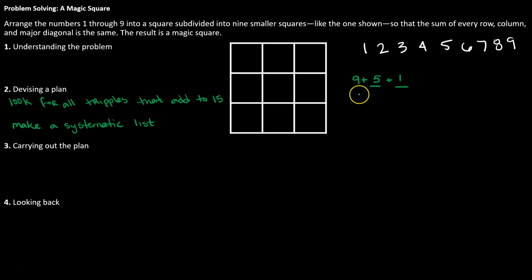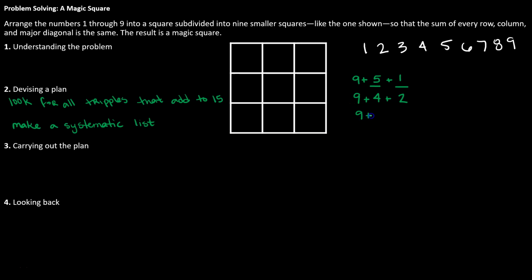I'm going to continue using the 9 in front, and I'm going to decrease my middle number by 1. I should not increase the 5 to a 6 because I already know 9 and 6 can't go together because they're already 15 as it is. So I'll decrease my 5 to a 4, which would allow me to use a 2 for my third number. And I'm going to keep doing that until I run out of numbers.